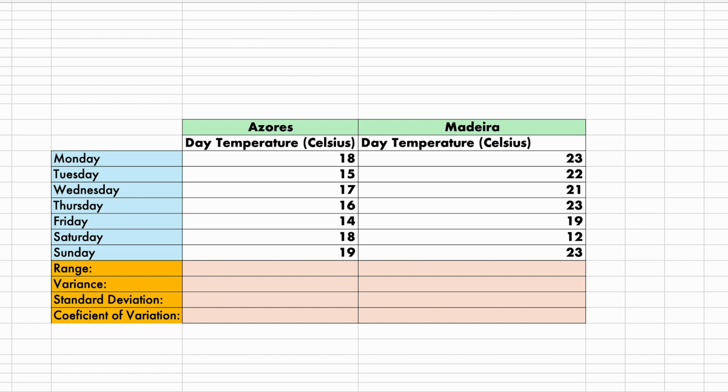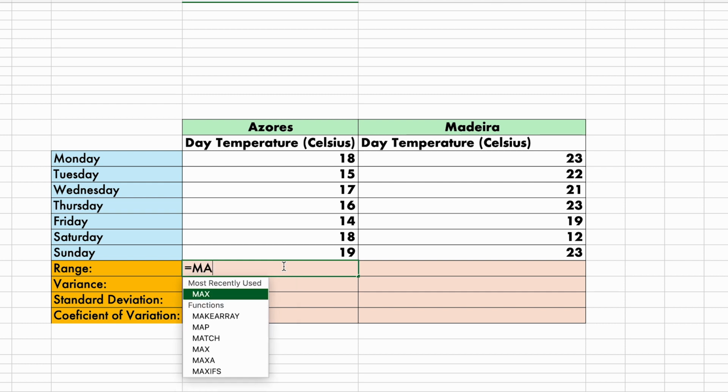We want to know which climate is most unstable, according to temperature. We have in one column the temperature of Açores in Celsius and in another column the temperatures of Madeira in Celsius as well. Let's start by applying the range formulas to both sets of data.